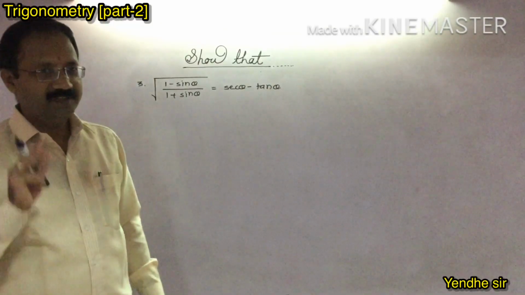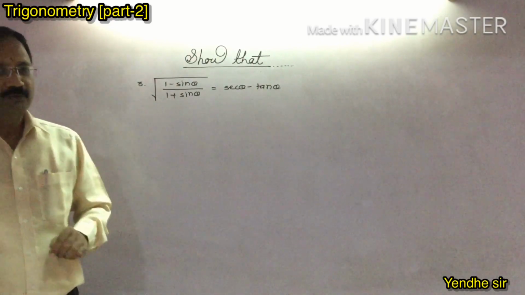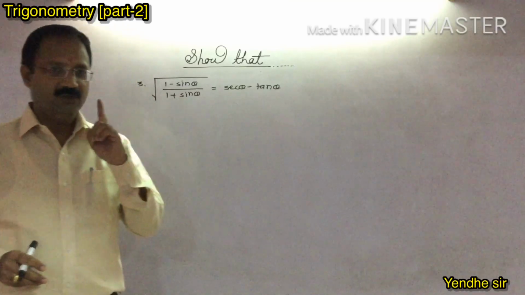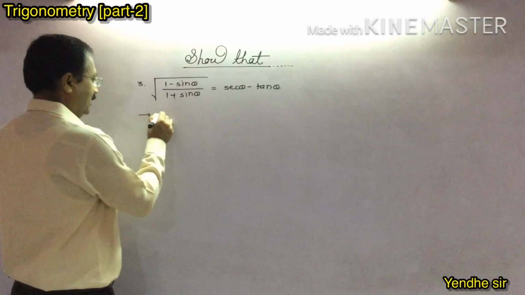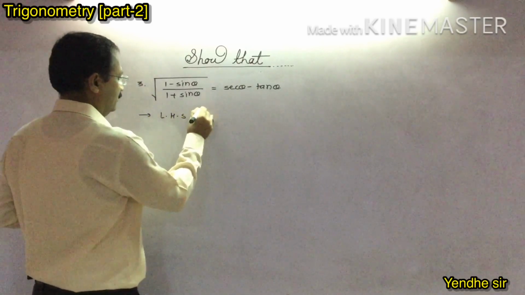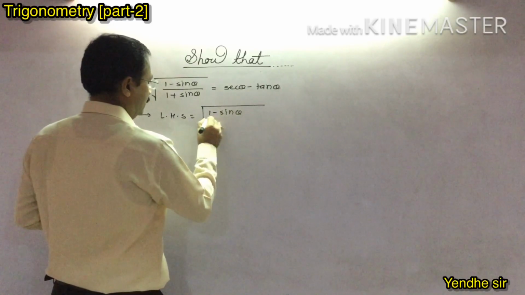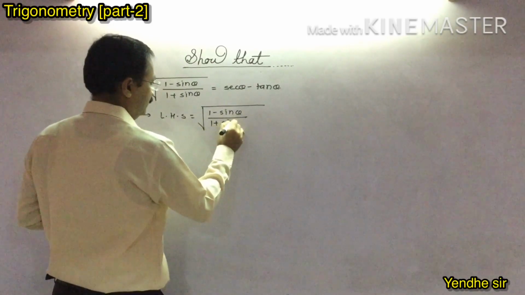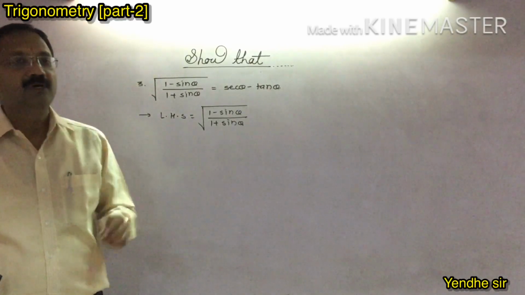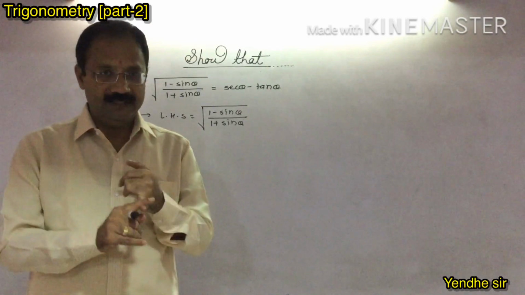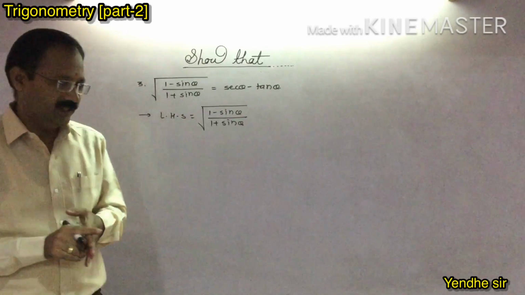Let's start with sum number 3, which is a different sum, but you have to follow the rules. Rule number 1, take the LHS. So I am going to take LHS equals root of 1 minus sin theta upon 1 plus sin theta. Rule number 2, write the formula of tan theta, cot theta, sec theta and cosec theta.